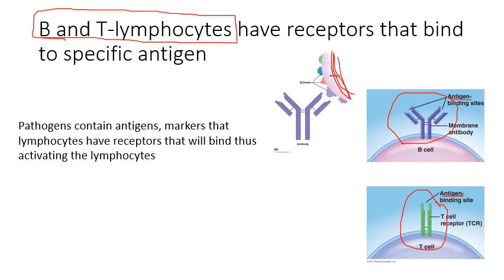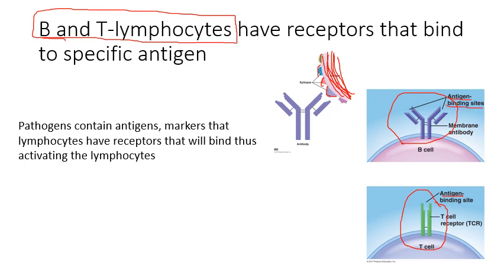All right, so coronavirus would have a certain antigen on the cell surface of the virus. Poliovirus would have a different antigen. And in these antigens are specific regions called epitopes, which these antigen binding receptors will bind to.